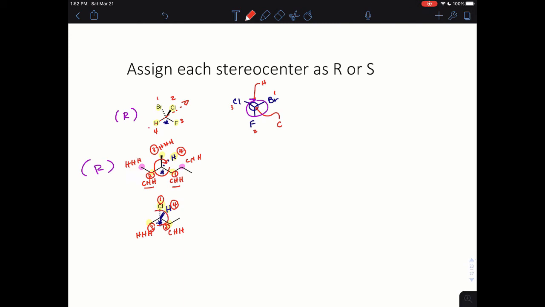So the path 1, 2, 3. The path is clockwise. So it would be R, right? Except, oops, the lowest priority bond is coming out at us, so it's not R, opposite day, it's S. So this would be the S enantiomer. All right, just assign the configuration, and then if the lowest priority bond is coming out, just make it the opposite of whatever you assigned.